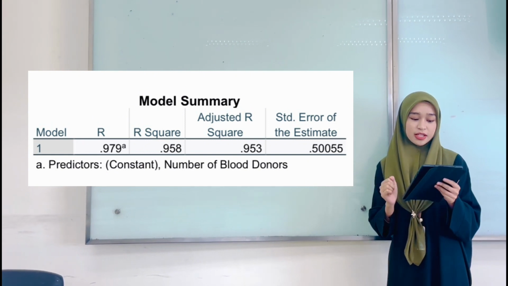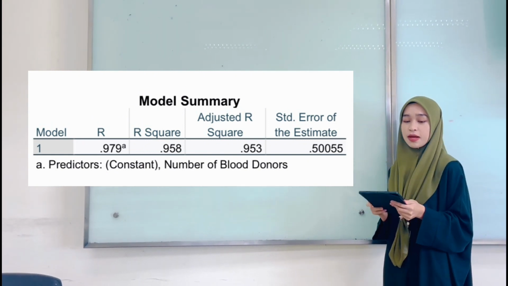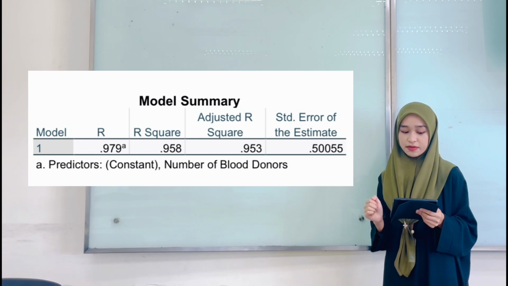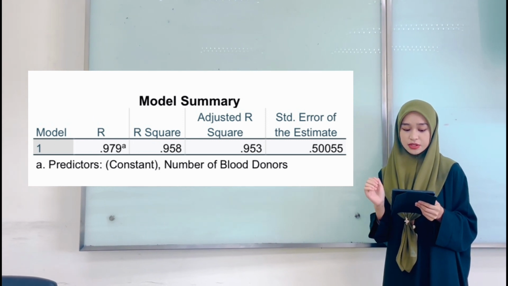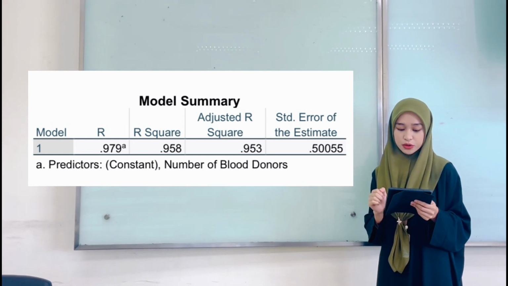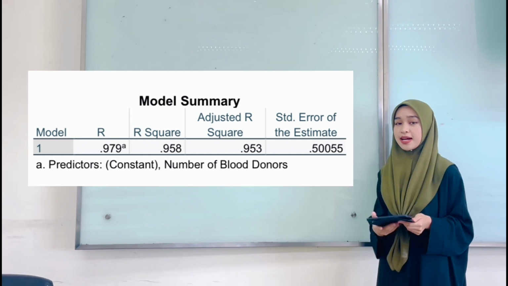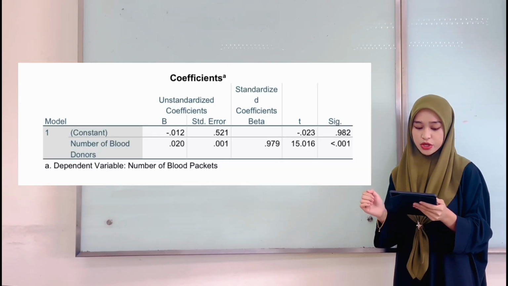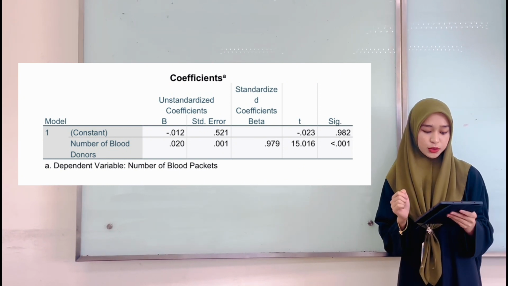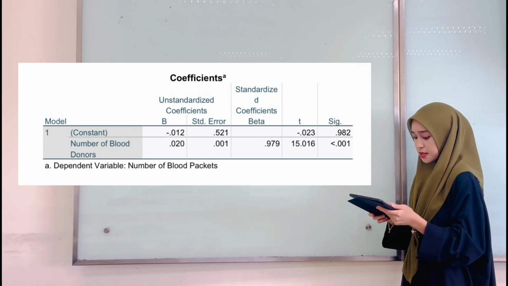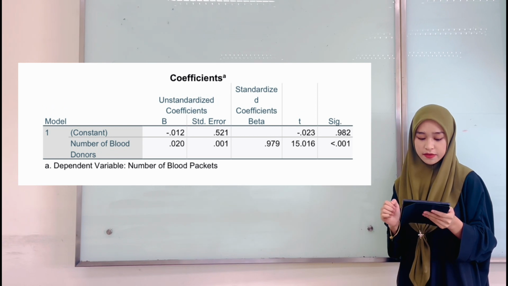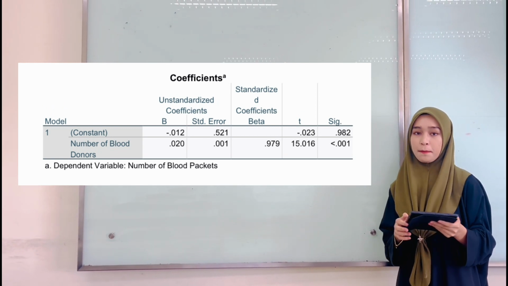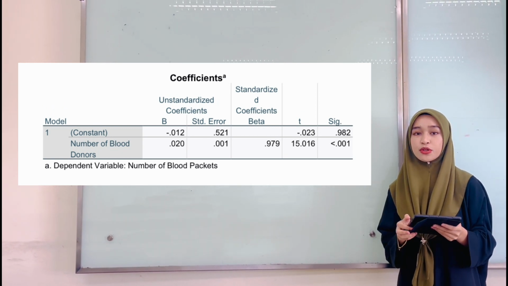So 95.8% of the variation in number of blood packets can be explained by the variation in number of blood donors. The remaining 4.2% is explained by other factors. The linear regression equation is y equals a plus bx. So we get y equals negative 0.012 plus 0.020x. That's all for Chapter 3.